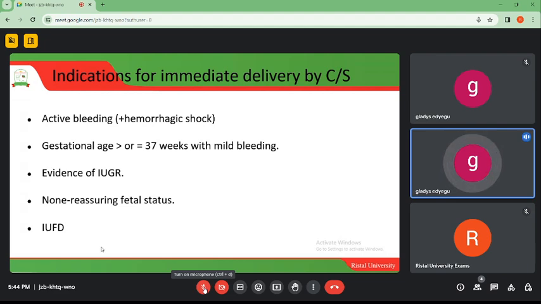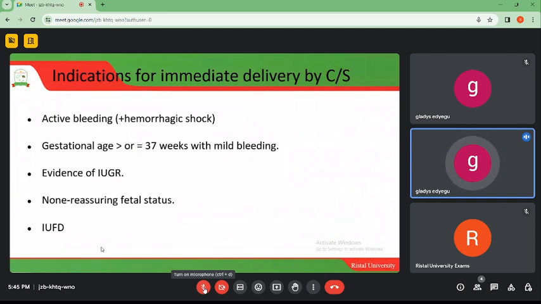Then non-reassuring fetal status. The non-reassuring fetal status is when you're monitoring the fetal heartbeat, and it's actually not giving you the normal ranges. And we all know the normal fetal heartbeat is up to 160, and above 160, then that one is already an indication of the baby getting asphyxiated, and we may have to intervene.